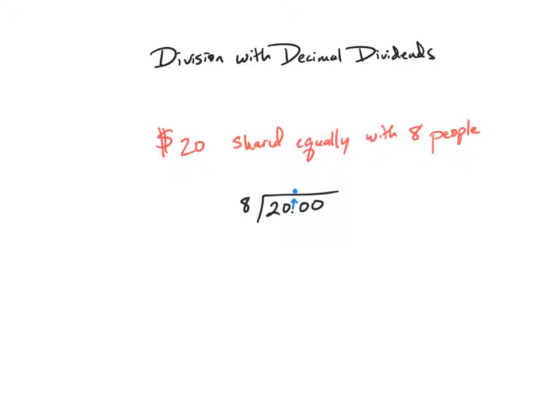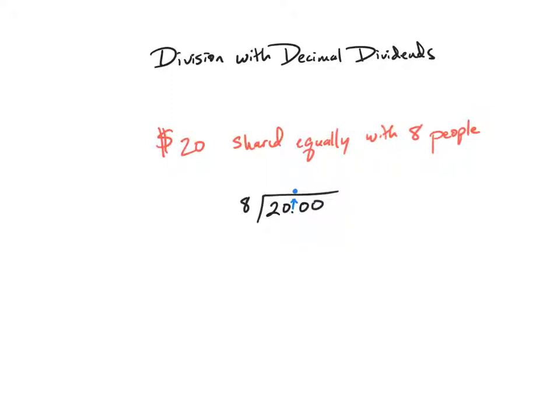The reason that works is because when we're doing long division, we're already using place value. This right here is the tens place. The digit that will be in our quotient right above it is also in the tens place. Same thing with the ones place, the tenths place, the hundredths place. The decimal point right here is just a divider between our whole numbers and our decimal numbers.